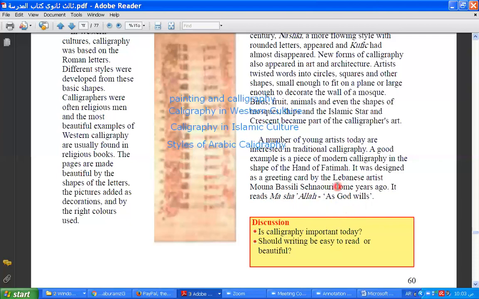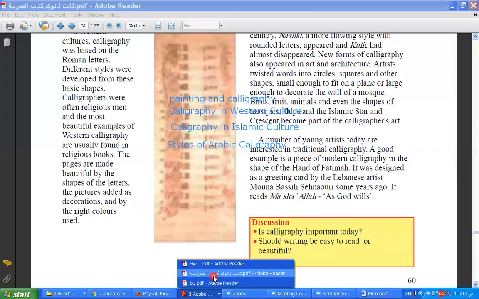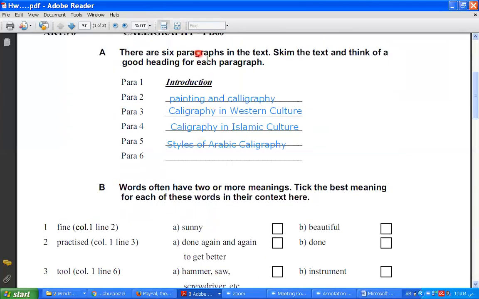So here, Abdullah, they talk about the artists. How can we make a title for this, something that includes everything in this paragraph? I would say art and calligraphy, or artists and calligraphy. Or you can say modern calligraphy art.